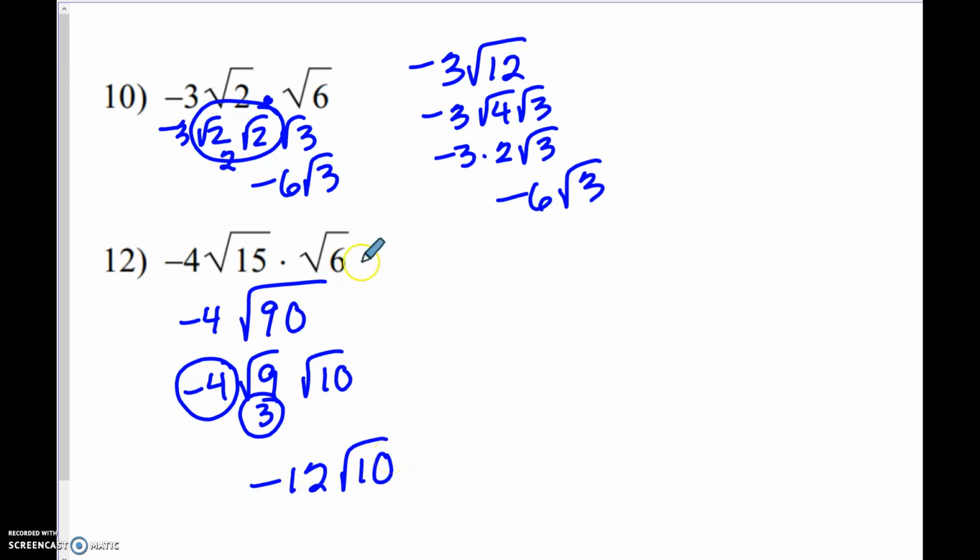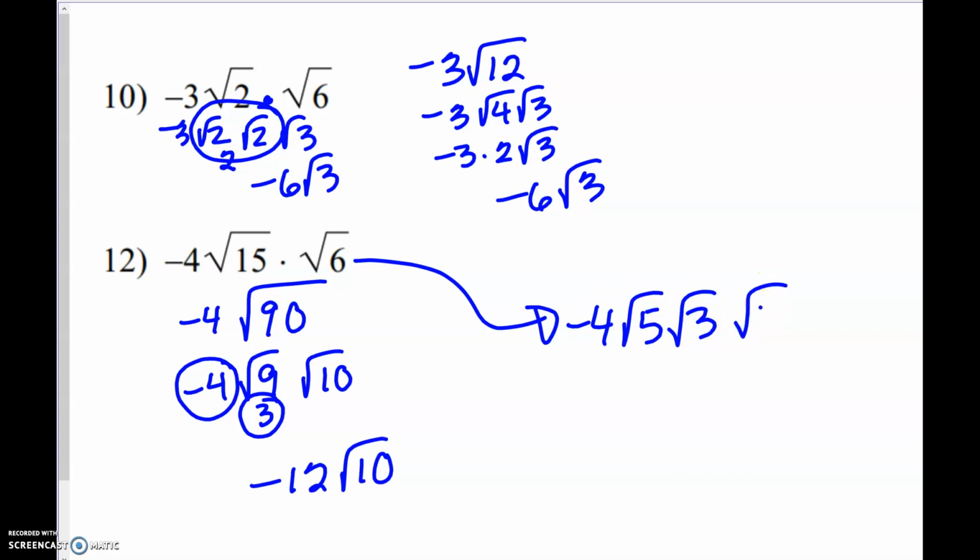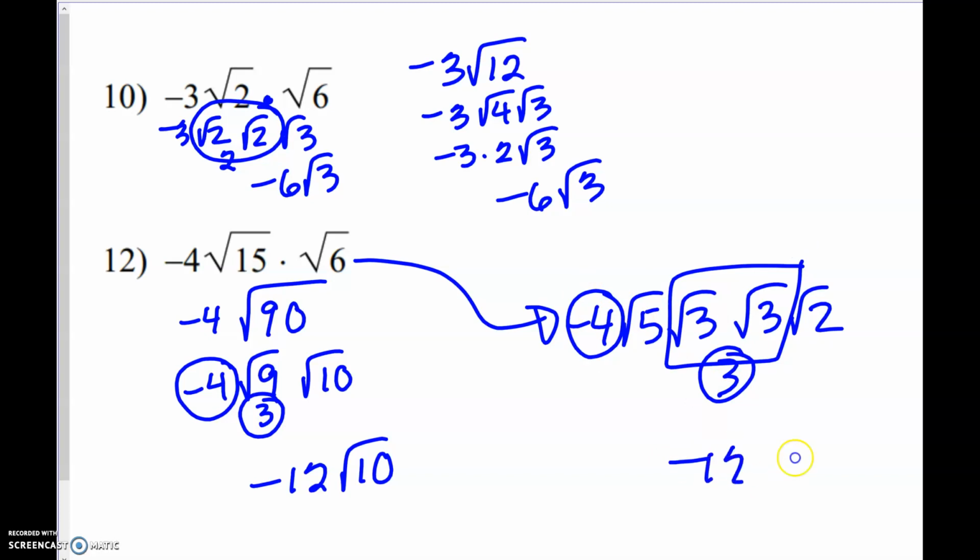Again, you could go this other route and just break it up, -4, -5 times 3, and then 6 is 3 times 2. Because these match, this gives us 3, and 3 times -4 is -12. And then we have these two roots left over, so it's -12 root 10. So you could do it either way.